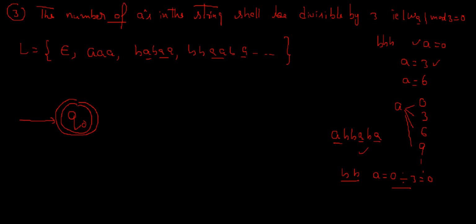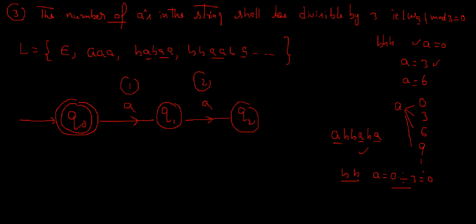Suppose if you see 1 A, you are going to Q1. If you see another A, you are going to Q2. That means how many A's come? This is the first A and this is the second A. Now if you see another A, then you are coming to the initial state, that is your final state.